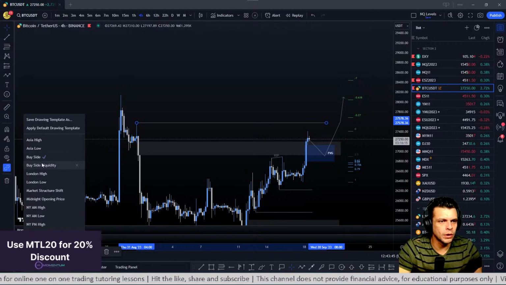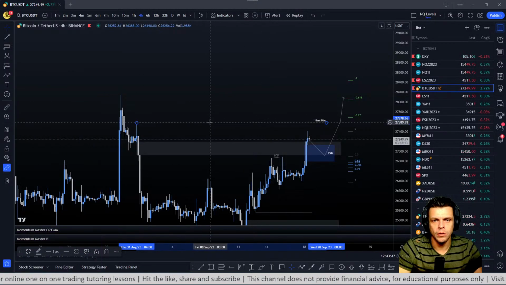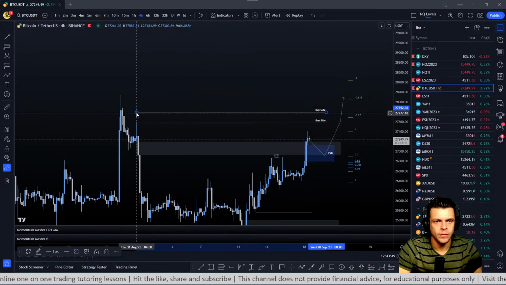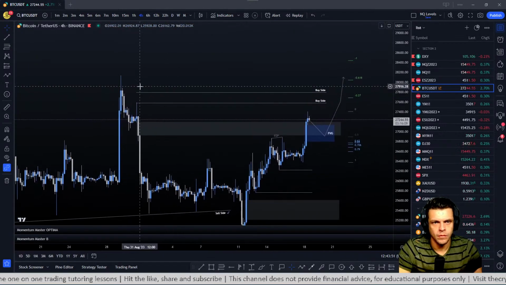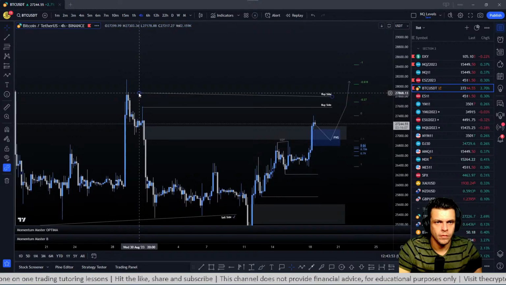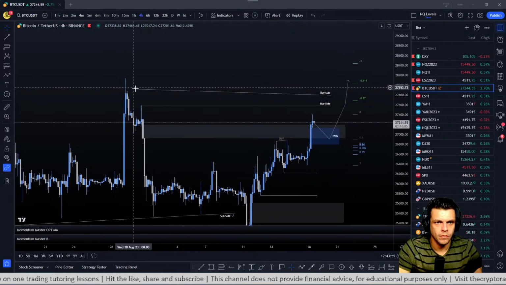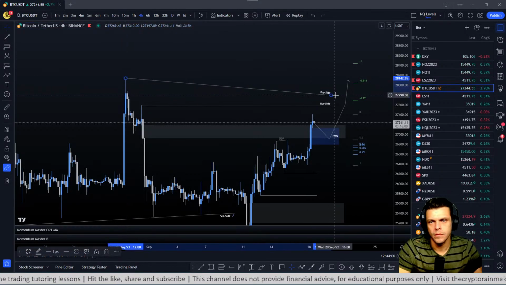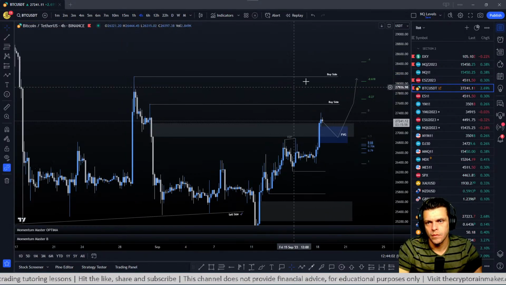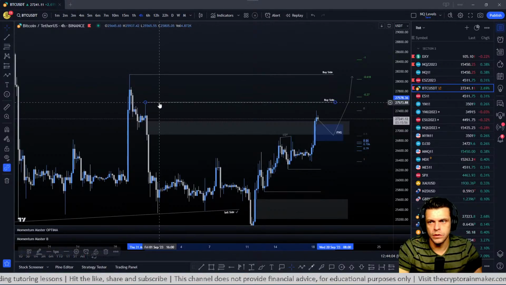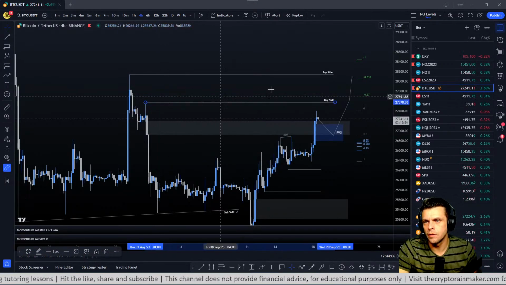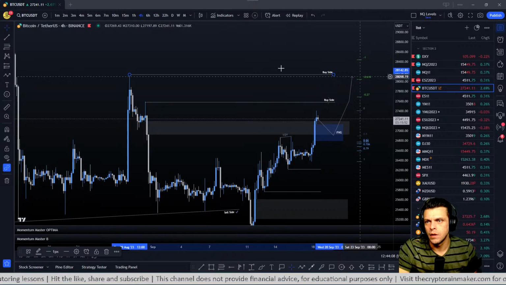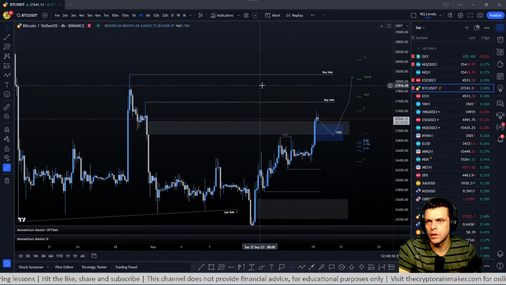You will then be targeting the buy side liquidity. Okay, so this level is at 27,573 and 28,142.